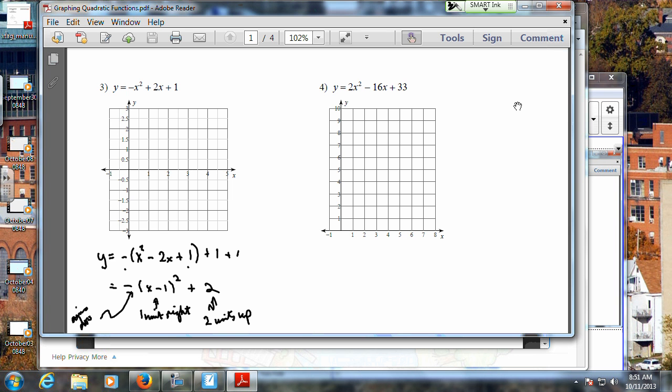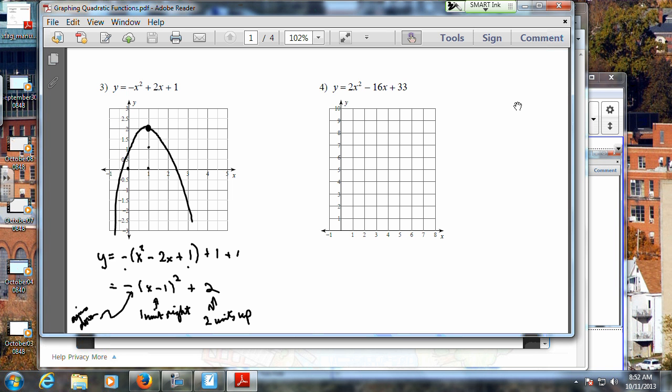So that bit of algebra changed the equation into one where I can read all the geometric information I need to know what the graph looks like. So I'll start at the origin and go 1 unit right, 2 units up, and this is where the vertex is going to be. And now I want to make a parabola aiming down from there. So a shape like that is the shape for that curve.